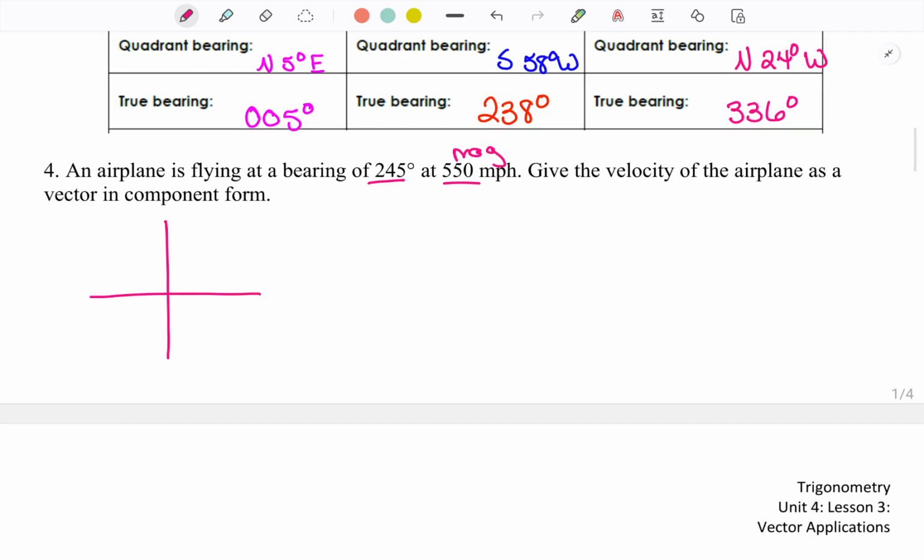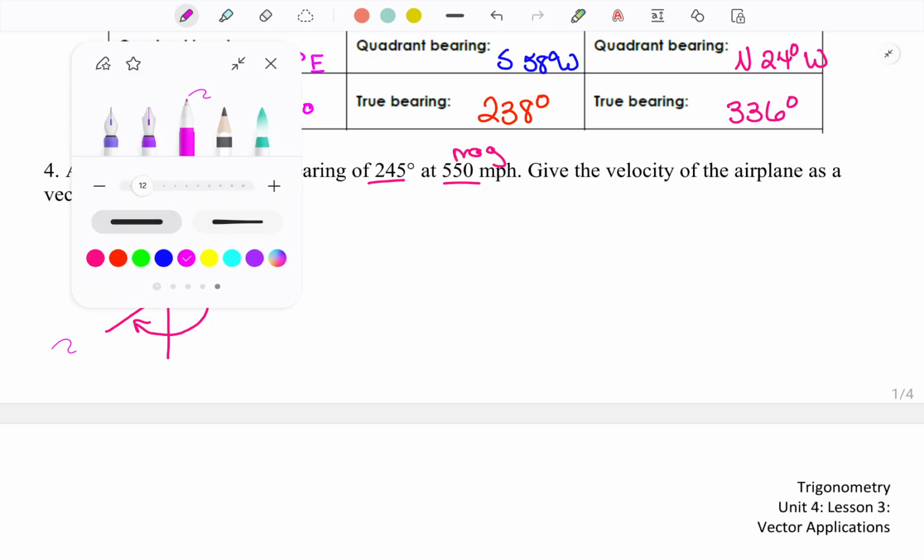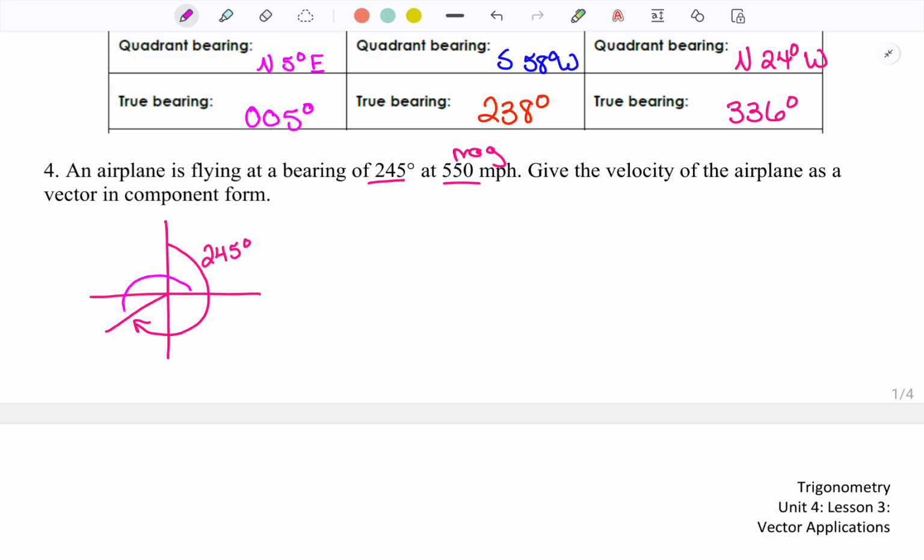So 245 degrees is going to be over here. We are going to need to get that angle in standard position. So we have 180 degrees to here. 245 minus 180 gives us 65 degrees.